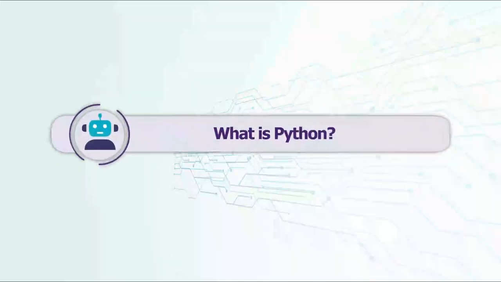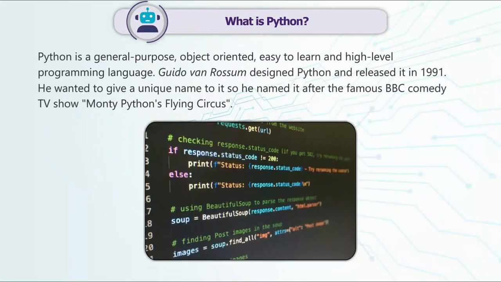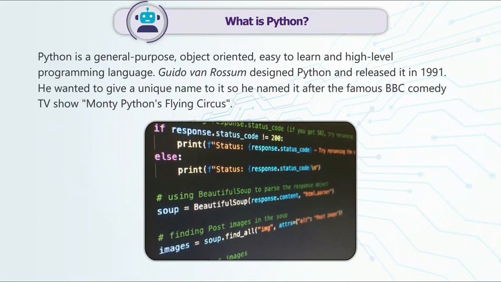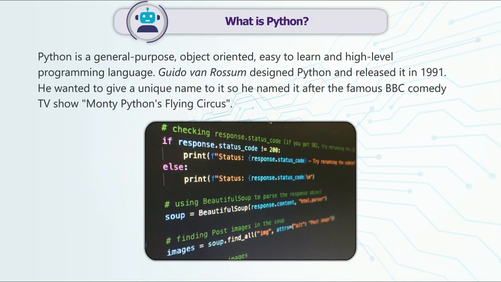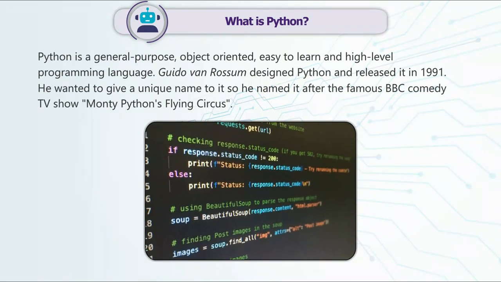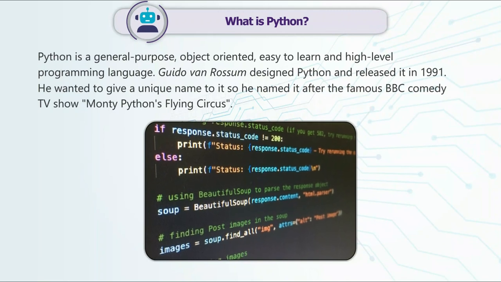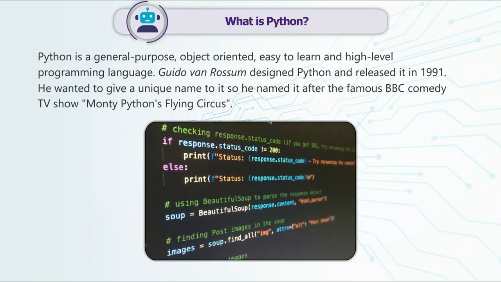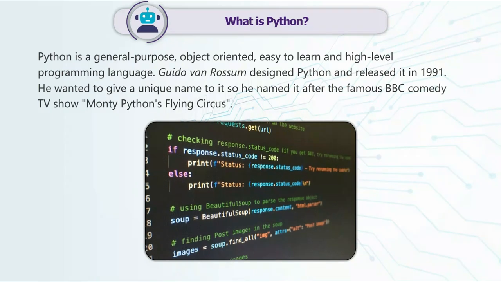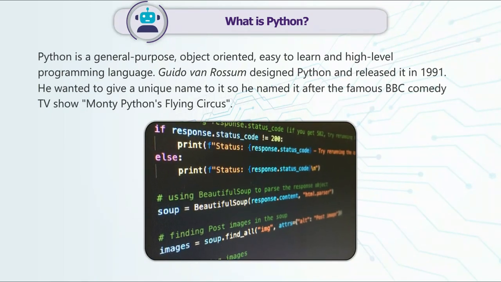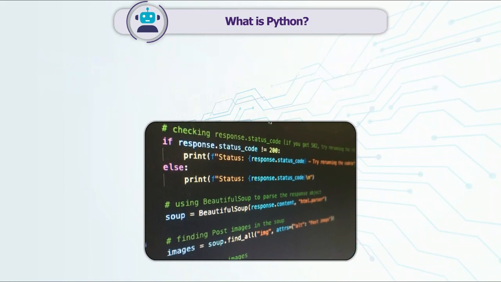What is Python? Python is a general-purpose, object-oriented, easy-to-learn and high-level programming language. Guido van Rossum designed Python and released it in 1991. He wanted to give a unique name to it, so he named it after the famous BBC comedy TV show Monty Python's Flying Circus.